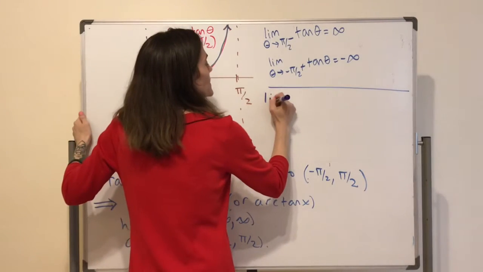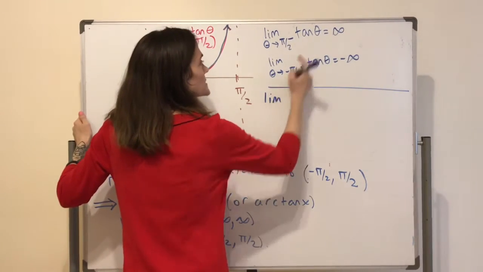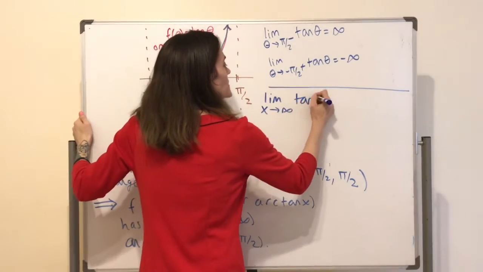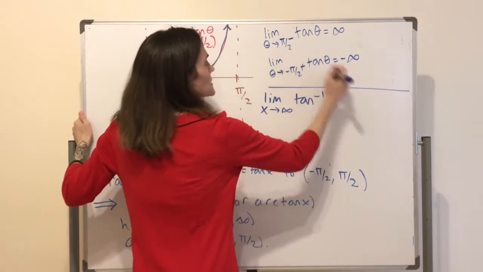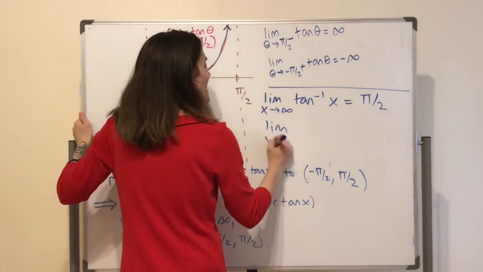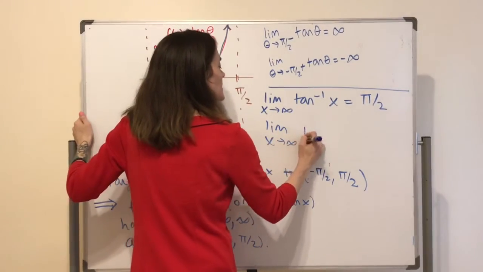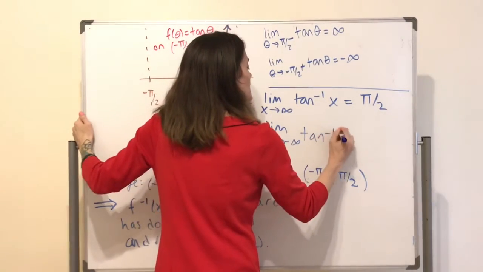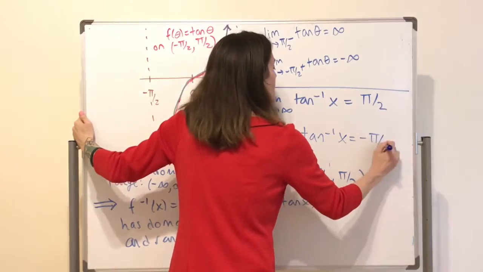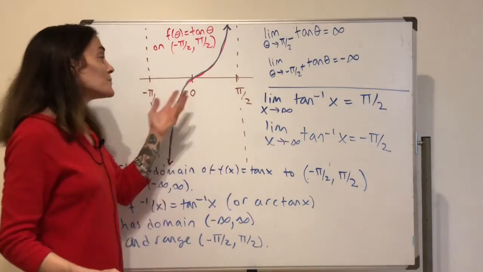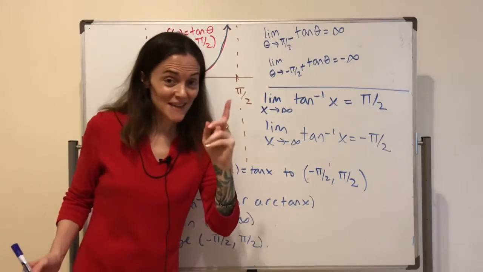Okay, the limit as x approaches infinity of the tan inverse of x is pi over 2. And the limit as x approaches minus infinity of the tan inverse of x is negative pi over 2. We know what the graph would be. Let me talk about it, then I'll sketch it.